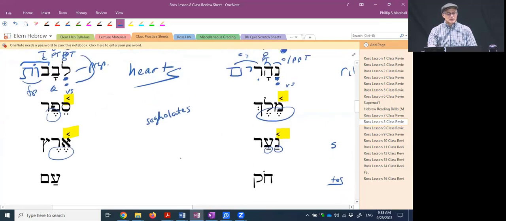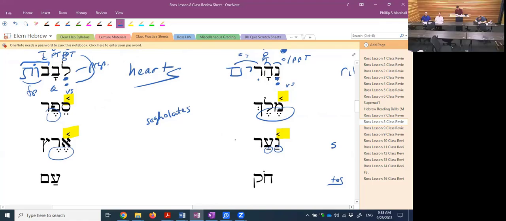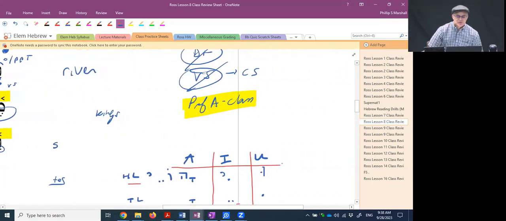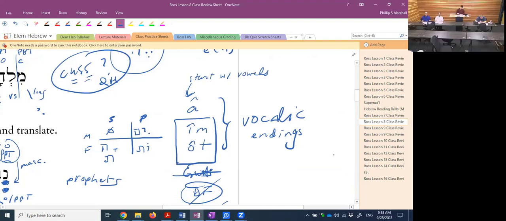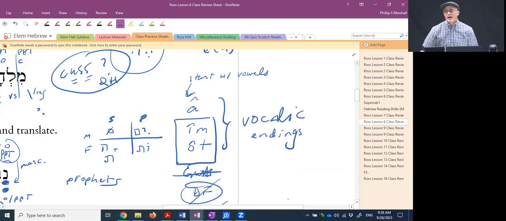So what did we learn happens with segolate nouns? In the singular, where's the stress? On the first syllable. But what are we adding to make these plural? We're adding im and ot. Are those vocalic endings? Yes. Vocalic endings start with vowels, right?